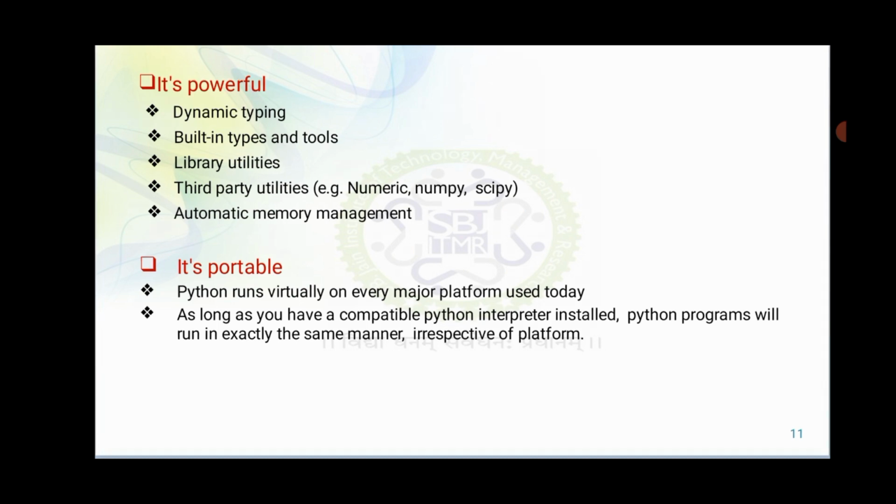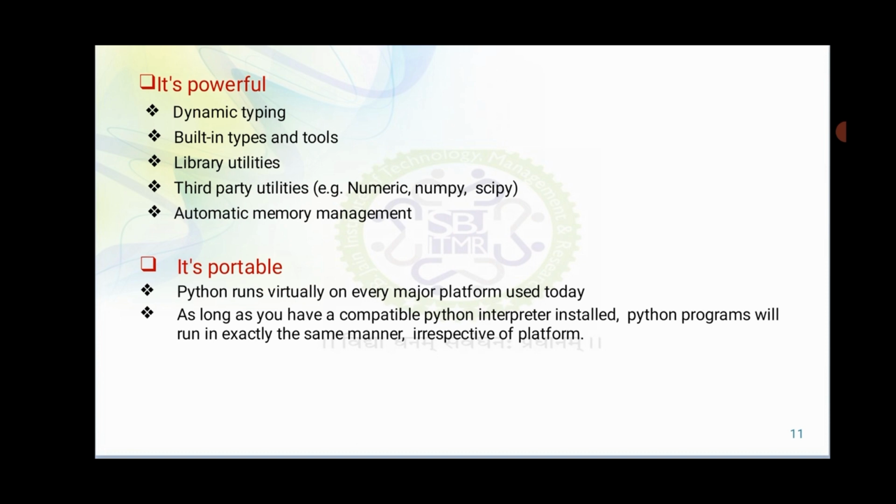Now, what is the meaning of dynamic typing? In Python, we are not required to declare the type for variables. Whenever we assign a value, based on that value, the type will be allocated automatically. Hence, Python is considered a dynamically typed language as it provides more flexibility to the programmer.